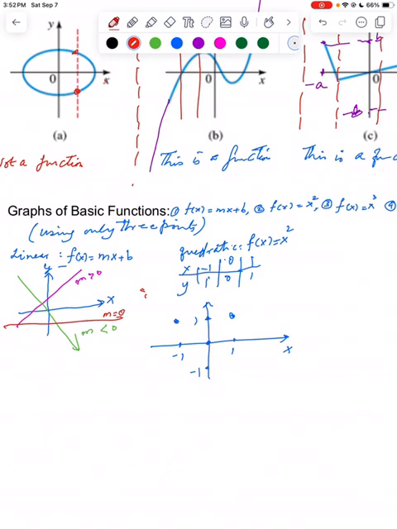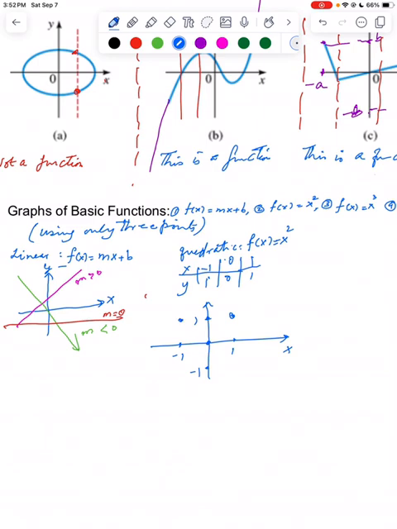I think this was a little off, so I will take my eraser and erase this one and move it over here a little bit.